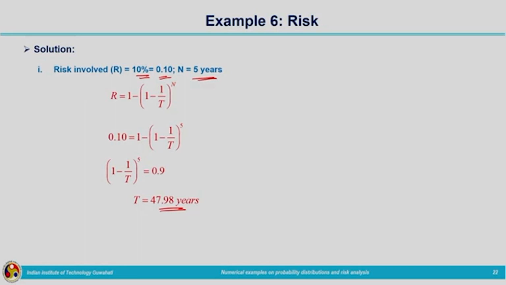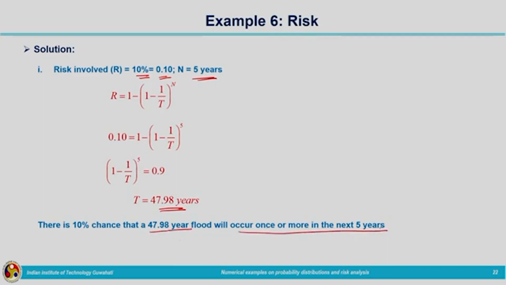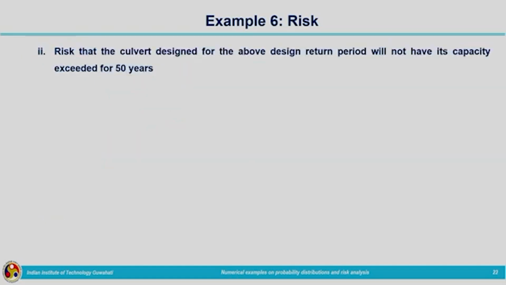In the majority of cases, we will not consider 47.98 years, we will approximate it to 50 years. So, this is the design return period for a risk of around 10%. There is a chance that a 47.98 year flood will occur once or more in the next 5 years.